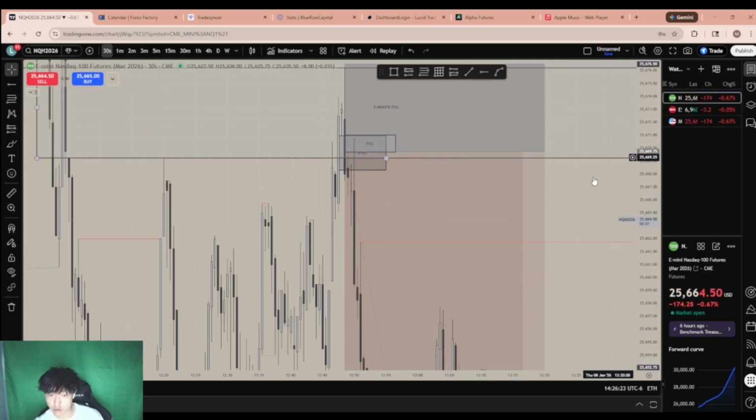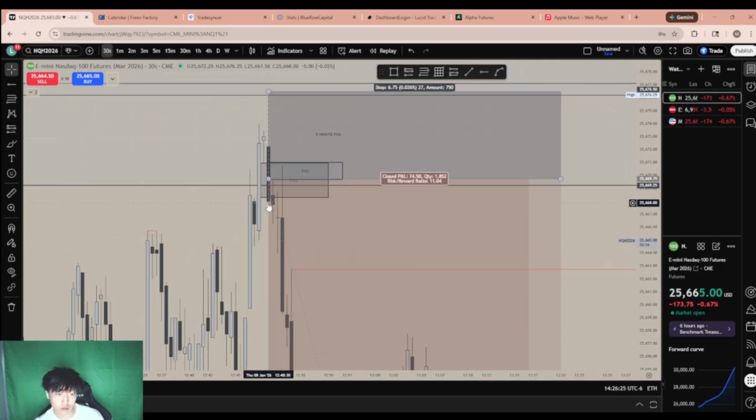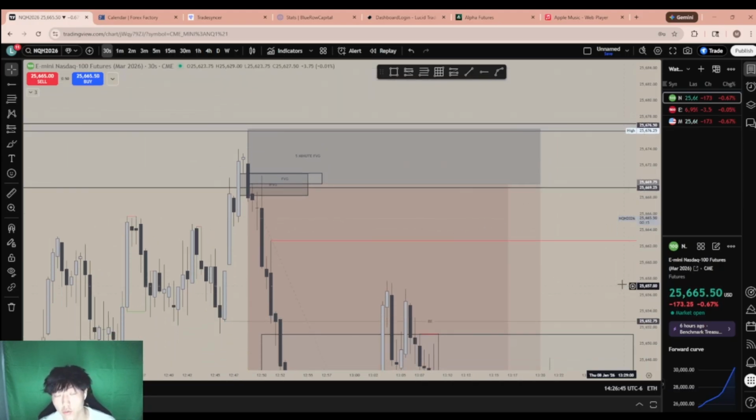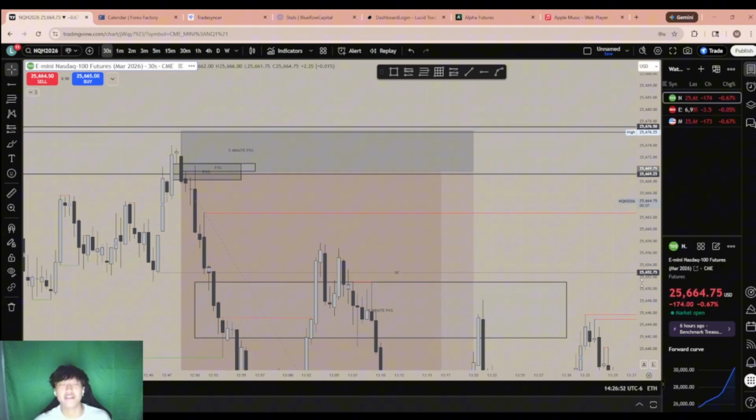But say this candle closed at the consequent encroachment of this 30-second order block. Say it closes down here. Then you just literally have to do a market order, because if the volume is there with speed, the market is likely just going to leave without you. It looks like 50-50, but you don't even want to risk the chance that it leaves without you.